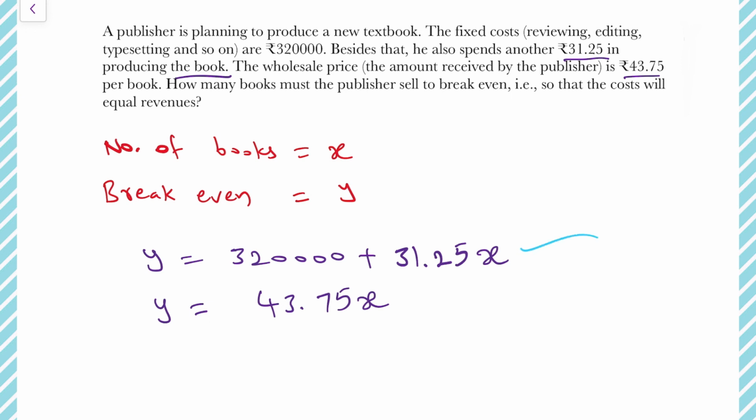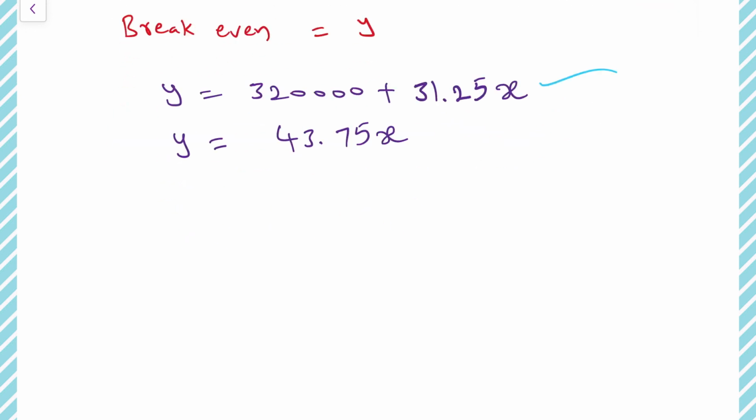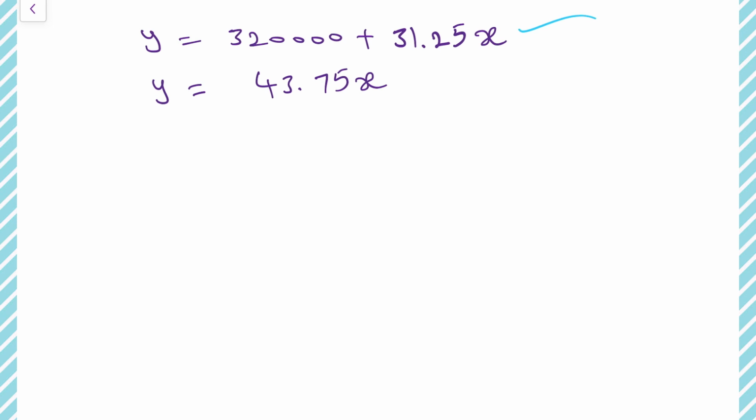So in the first equation, wherever we have y, I will substitute this answer now. In the first equation we have y equals 3,20,000 plus 31.25x, right? So in the place of y I am substituting 43.75x. 43.75x equals 3,20,000 plus 31.25x.